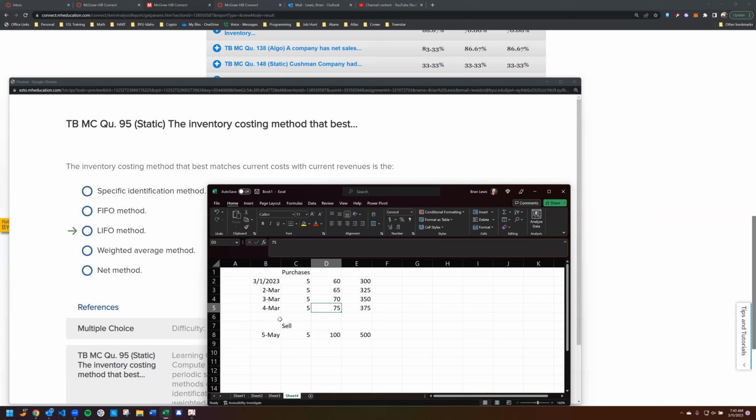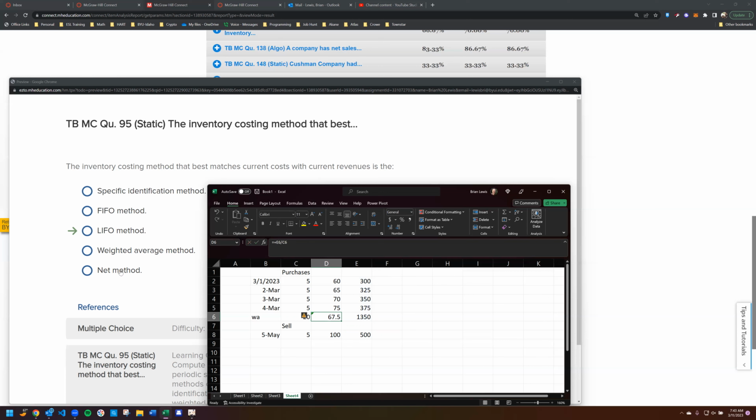Weighted average. Okay, so your weighted average is going to be, we're going to sum these, right? And we're going to sum these. And we're going to do the division plus that divided by this. This is your average weighted. It's called the weighted average. Okay. 6750. No, 6750 is not 75. So that is not the method.